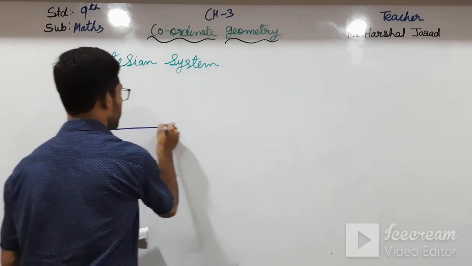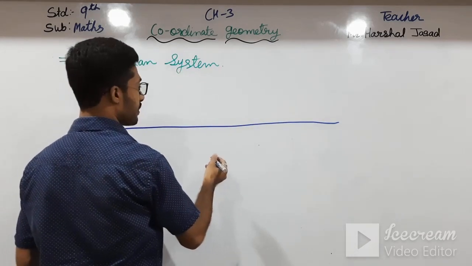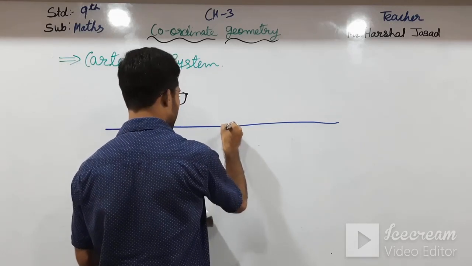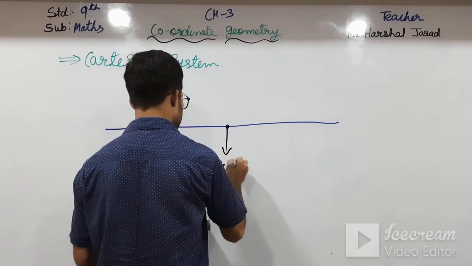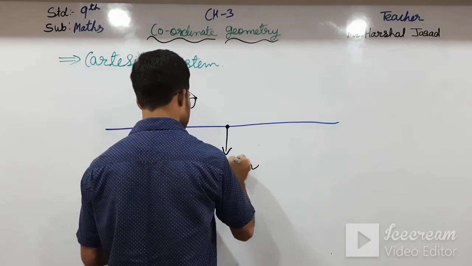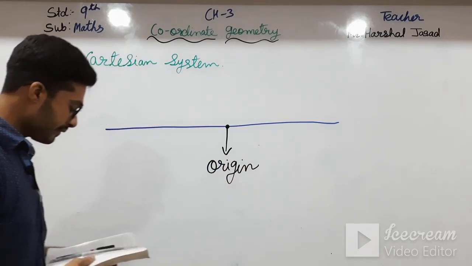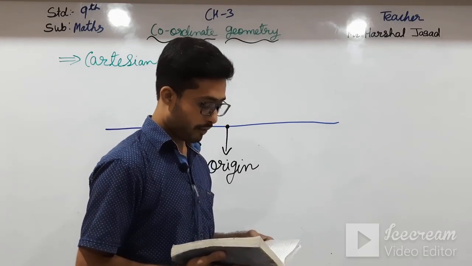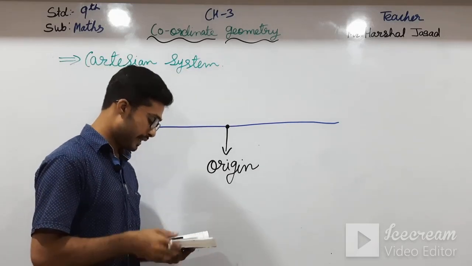I can't draw a perfectly straight line, but it is a straight line, and the point from which the distance is marked is known as the origin.